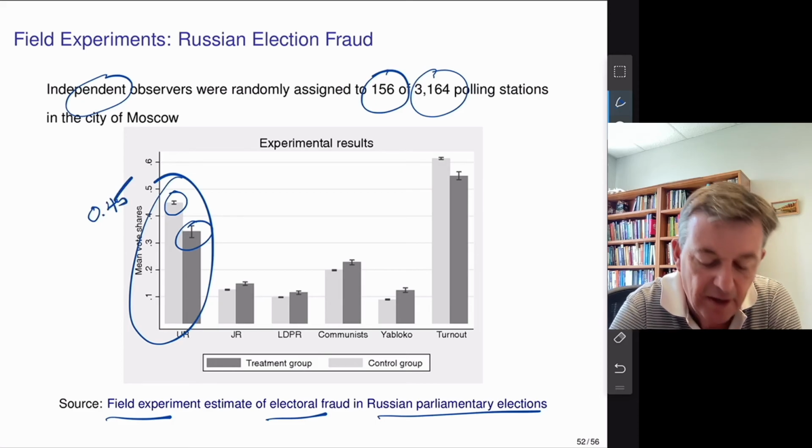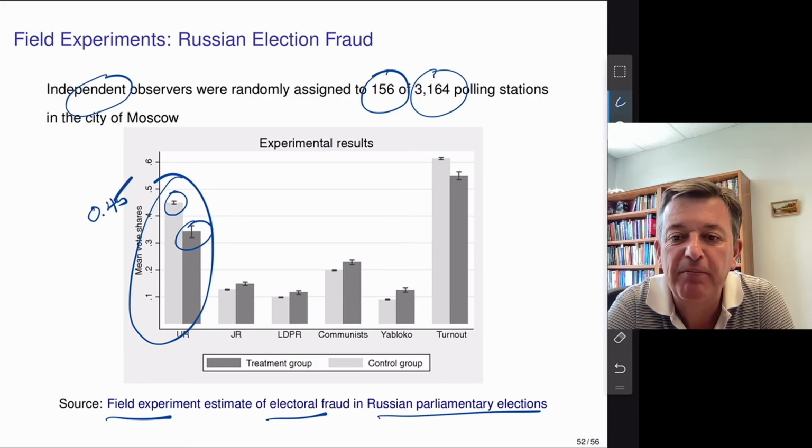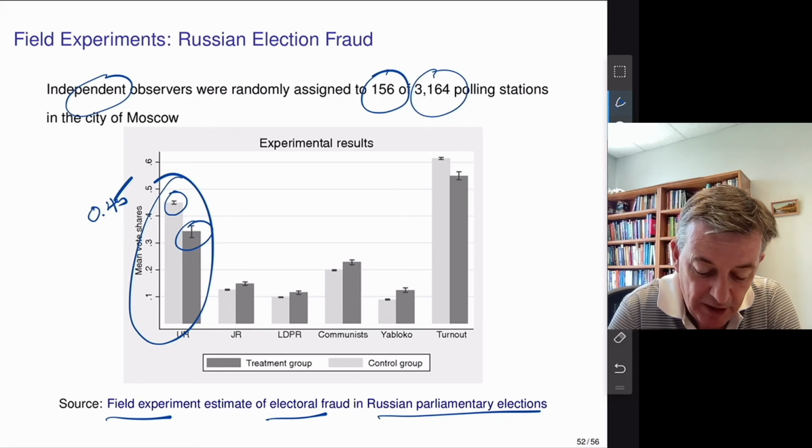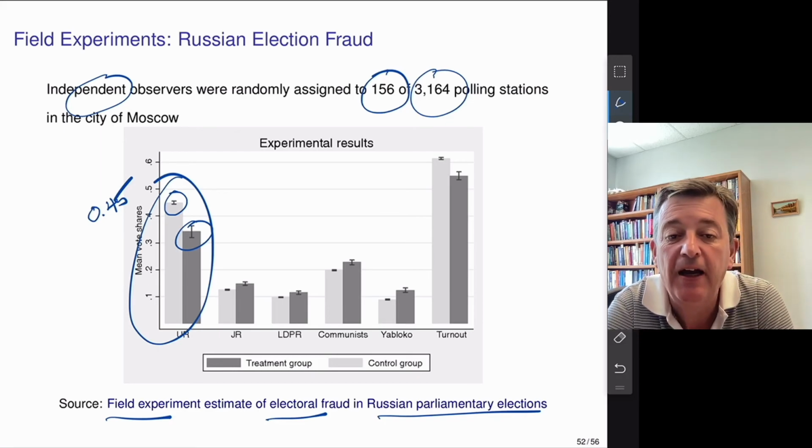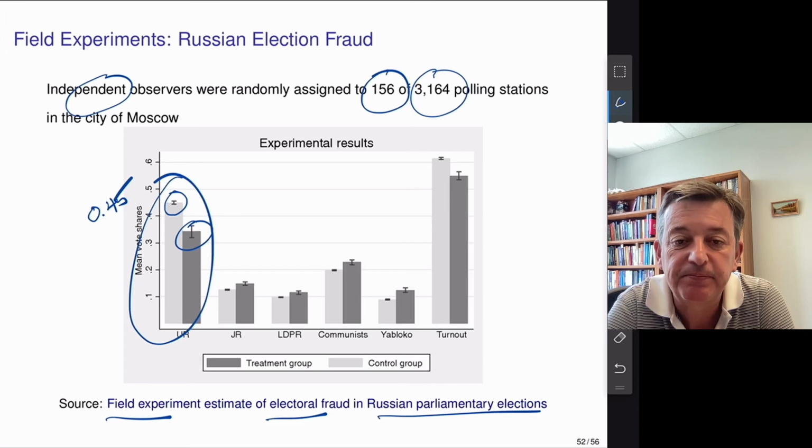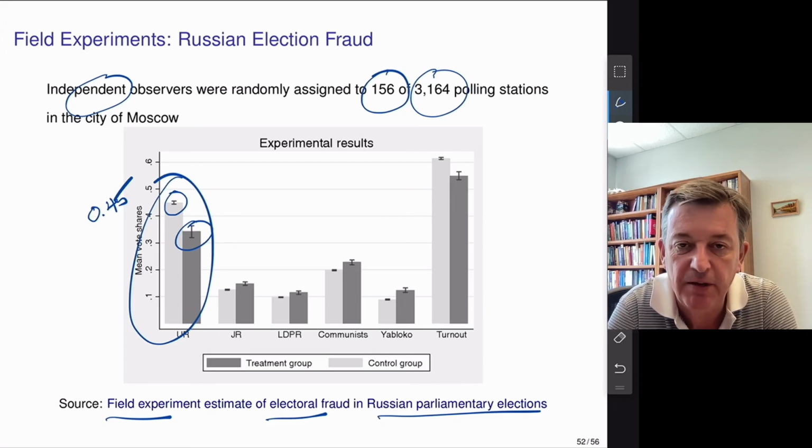So you can see that Putin's party was getting apparently 45% of the vote. Apparently that was the magic number that was pre-assigned, whereas in the independent order it was more in the 35% range. And it's rather interesting to see, where did that excess come from?